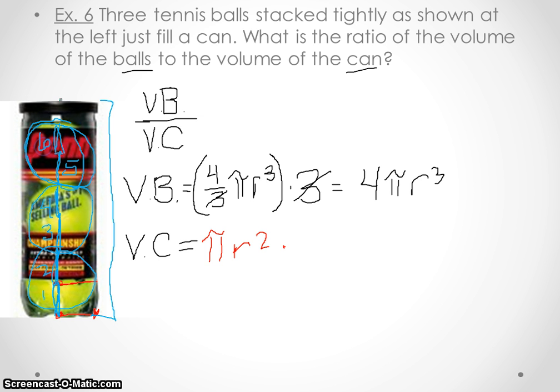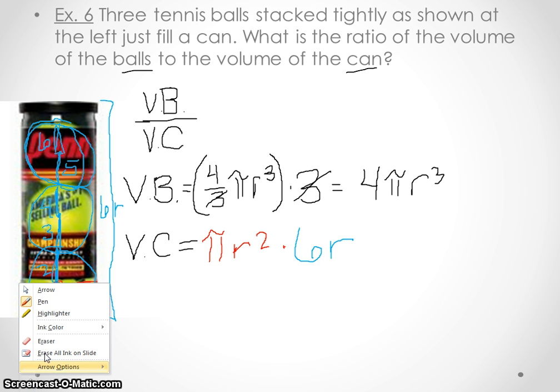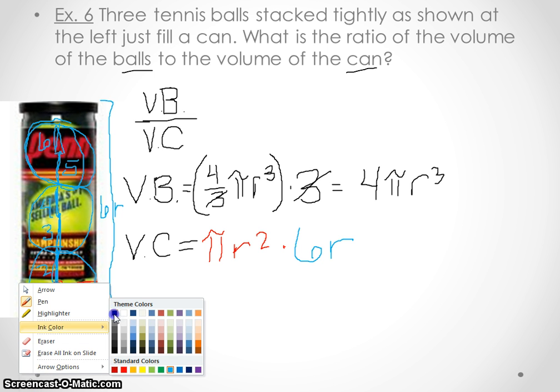Now, for our intents and purposes, we're just going to ignore any air that's up here, pretending that the balls reach all the way up. So the height of this is going to be 6r, because it goes 6 radii, takes you all the way up the can. So we say times our height, which is going to be 6r. Okay. Now let's simplify this. 6 can't really get multiplied with anything because it's the only whole number in there.